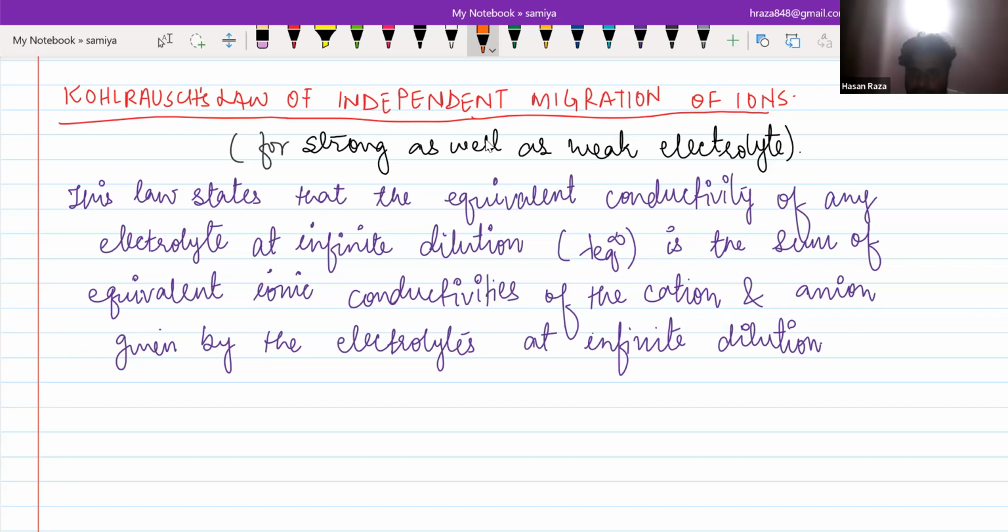In the equivalent concept we don't need to balance, but in the mole concept we need to balance, right? Please write it and let me know if you're done.